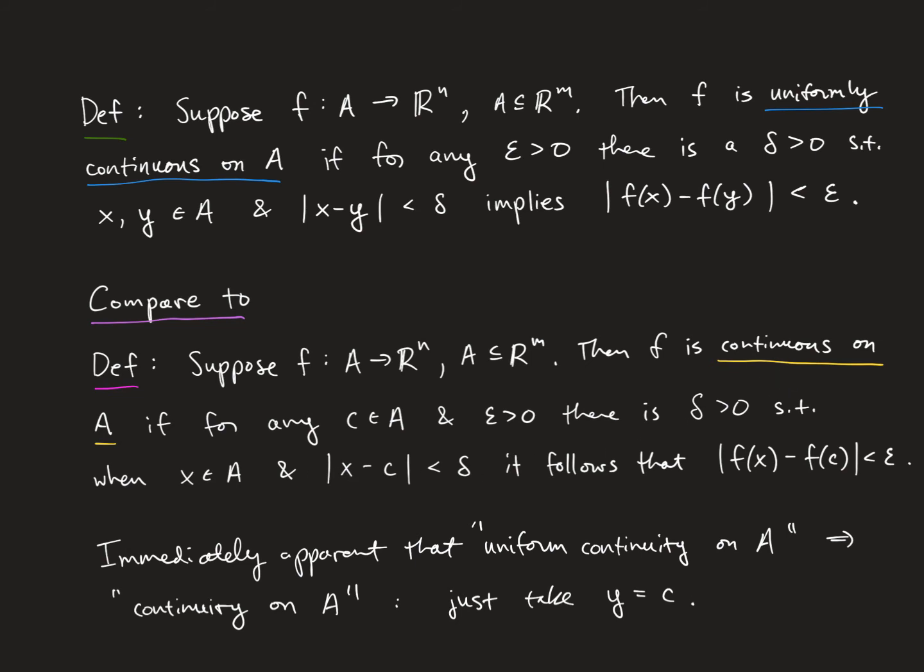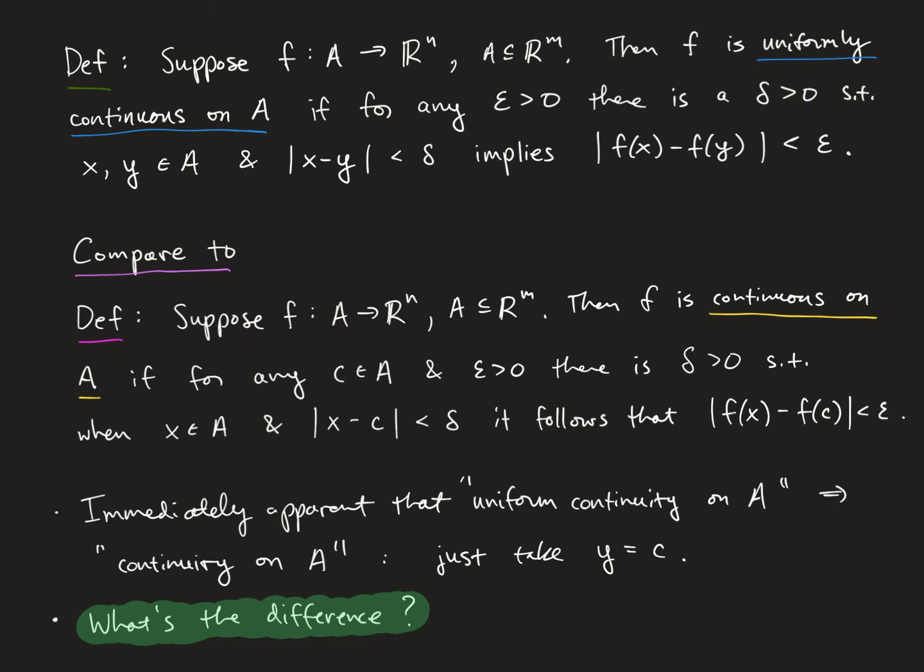So uniform continuity is, well, stronger, at least than continuity on A. It's stronger in the sense that it implies continuity on A. So then the question is, what's the difference between uniform continuity and continuity? Well, the main place where the difference comes in is this c here, which comes along with the epsilon greater than 0.